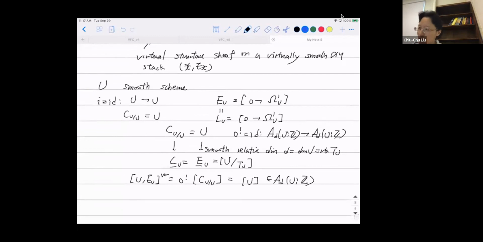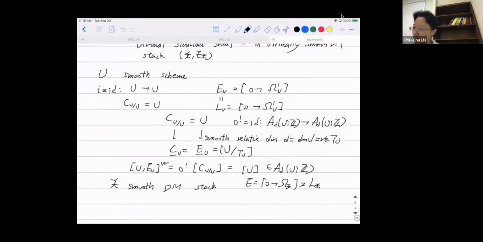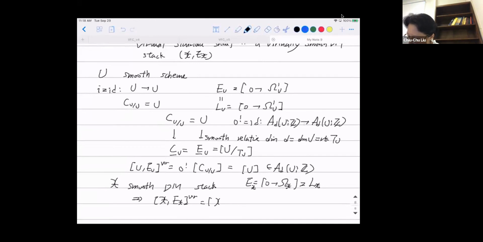And similarly, if you have a smooth Deligne-Mumford stack and you take E to be the cotangent complex, which is just the cotangent bundle, then in this case we also get the fundamental class, but now with rational coefficients.